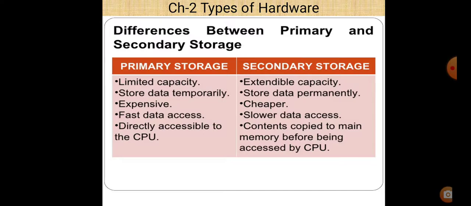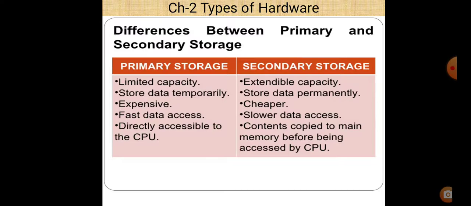Primary storage stores data temporarily, while secondary storage stores data permanently. Primary storage is much more expensive as compared to secondary storage. Using primary storage, we can access data in a very fast manner, while secondary storage is very slow.